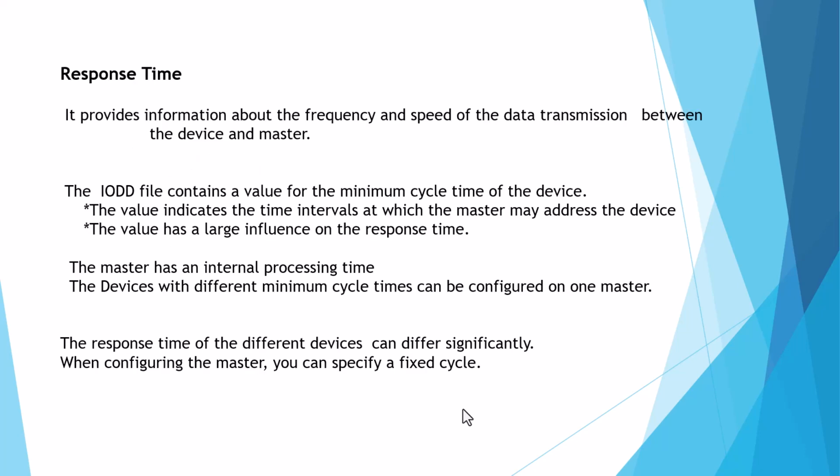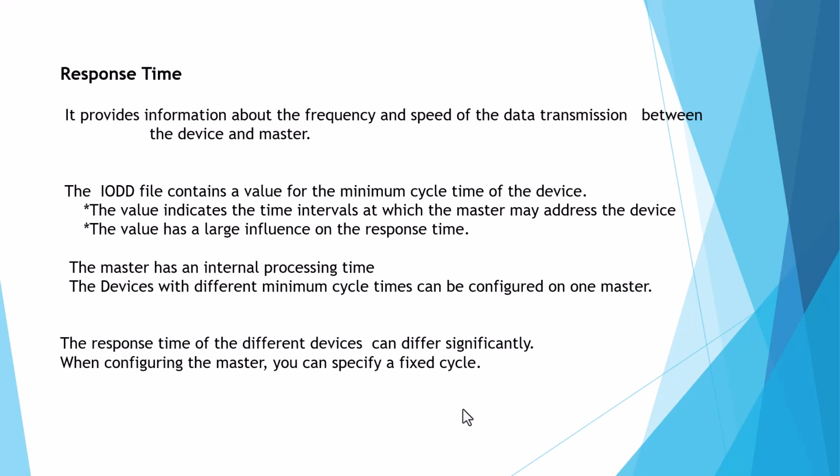Okay, response time. Response time in IO-Link just provides the information about the frequency and the speed of the data transmission between the device and the master. The IODD contains a value of the minimum cycle time of the device. The value indicates the time interval at which the master may address the device.